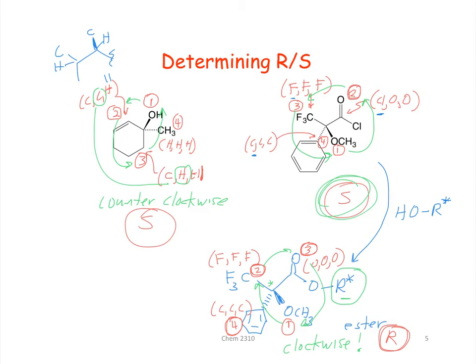All right? When I first began as a faculty member, I was at the University of Hawaii. And one of my colleagues, who was a pretty famous organic chemist, isolated a new compound from a marine organism, and they wanted to determine the chirality of some chiral secondary alcohol, so they used this method.